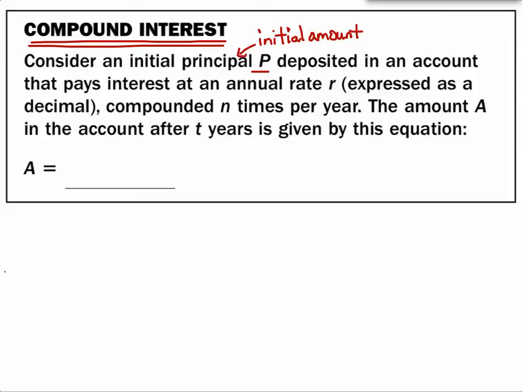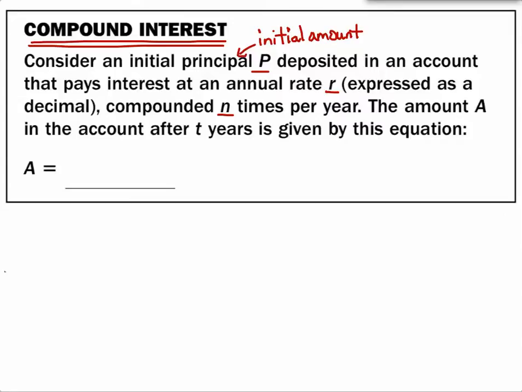Invested in an account that pays interest at an annual rate R, and here they did kindly say expressed as a decimal, compounded n times per year. Now that means compounded is how often they give you the interest. We'll talk about that in class a little bit.